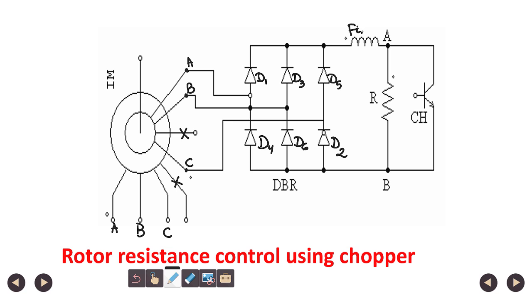The filter is used to reduce the ripple in the output current of the rectifier, and also to eliminate any discontinuity. So, this is the DC side, and the DC side current is ID, the DC link current.